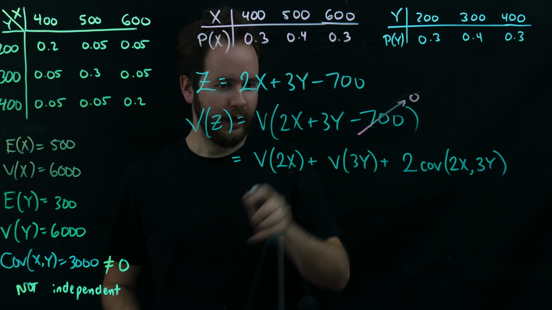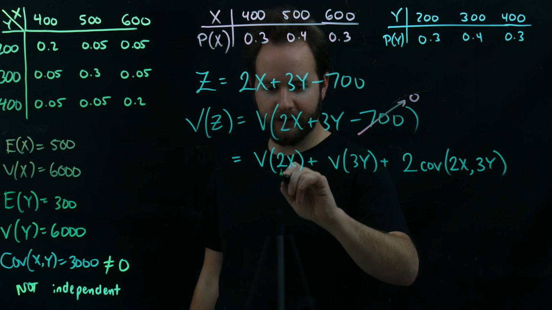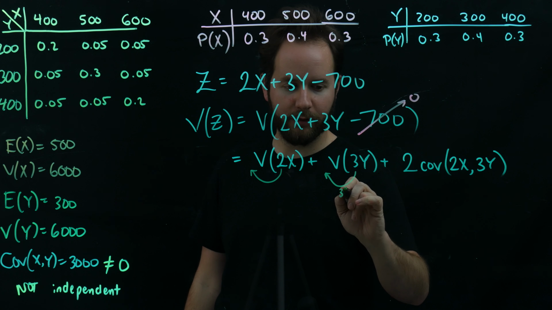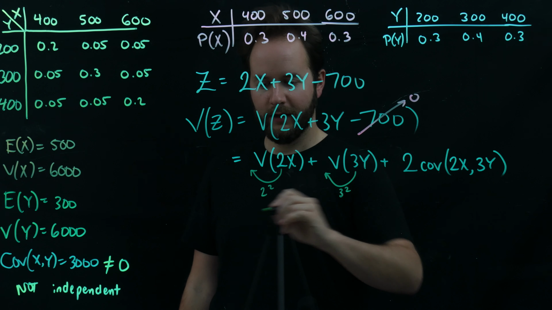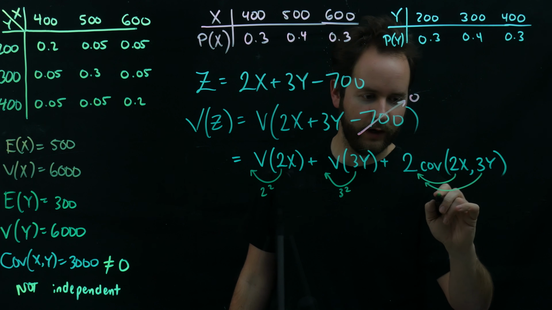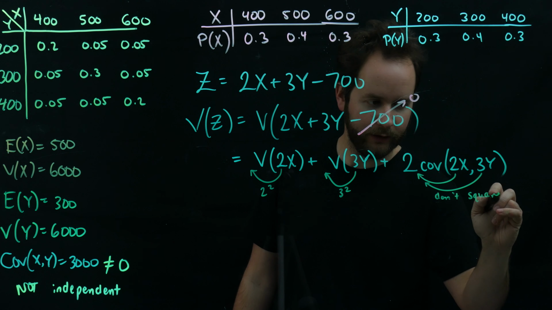All right, how do we deal with this? Any constant coefficient of an x can come out in front, but you have to square it. So this is going to become 3 squared, and this has become 2 squared. Over here as well, these guys can come out, but you don't need to square. So don't square these guys. They just come out like normal.